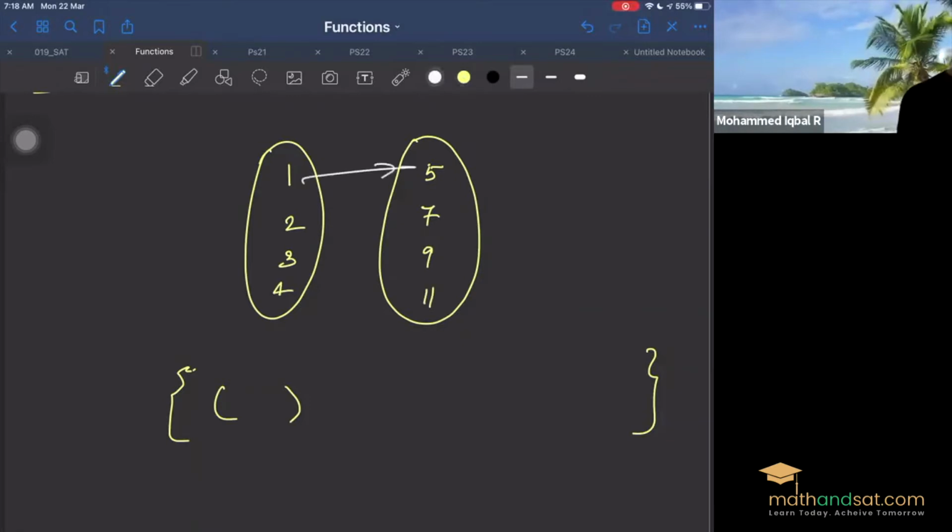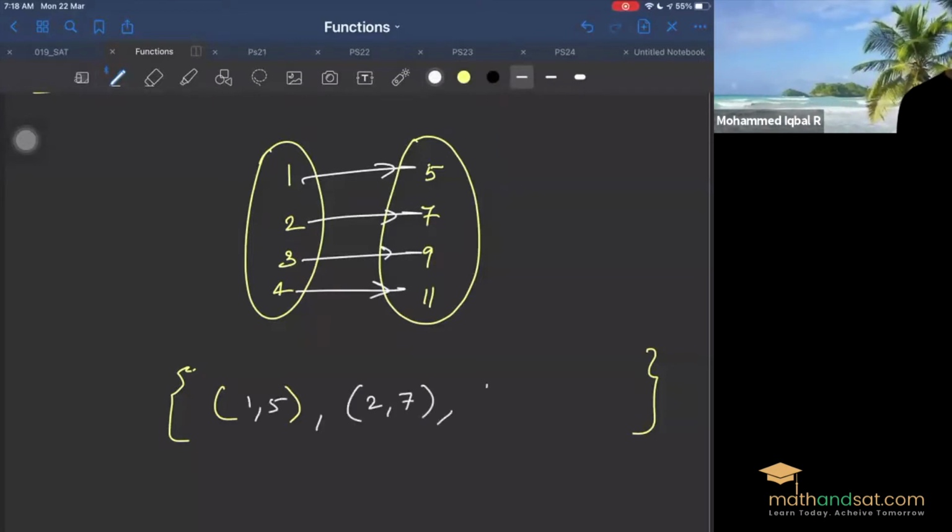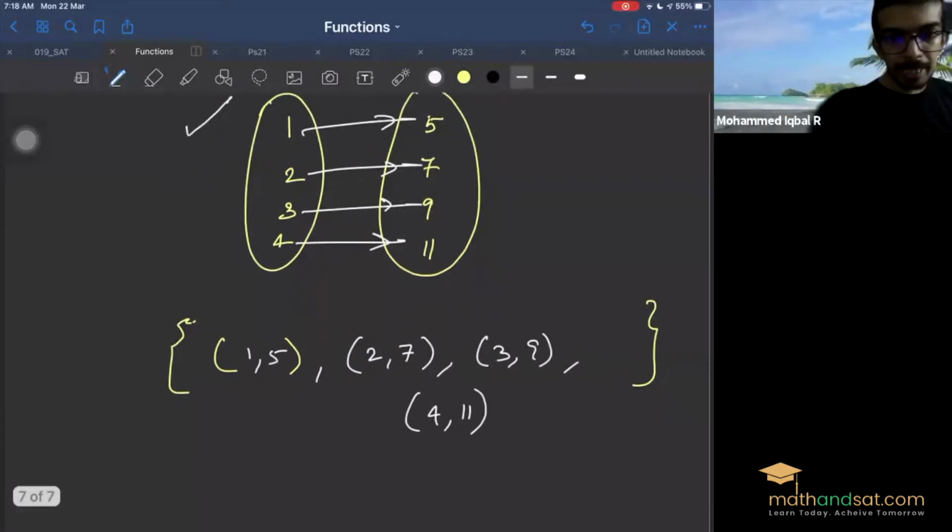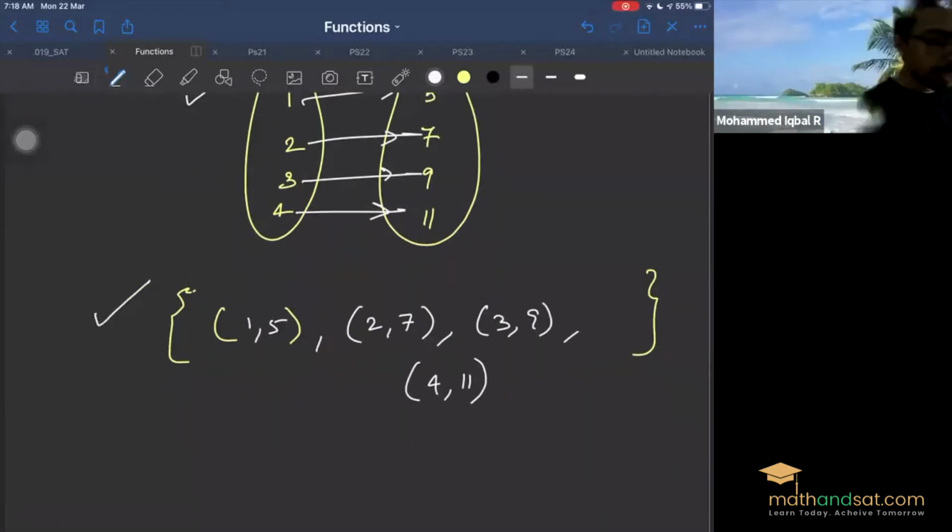Suppose your function is this way. One way is a mapping diagram; another way is a set that contains all the ordered pairs.